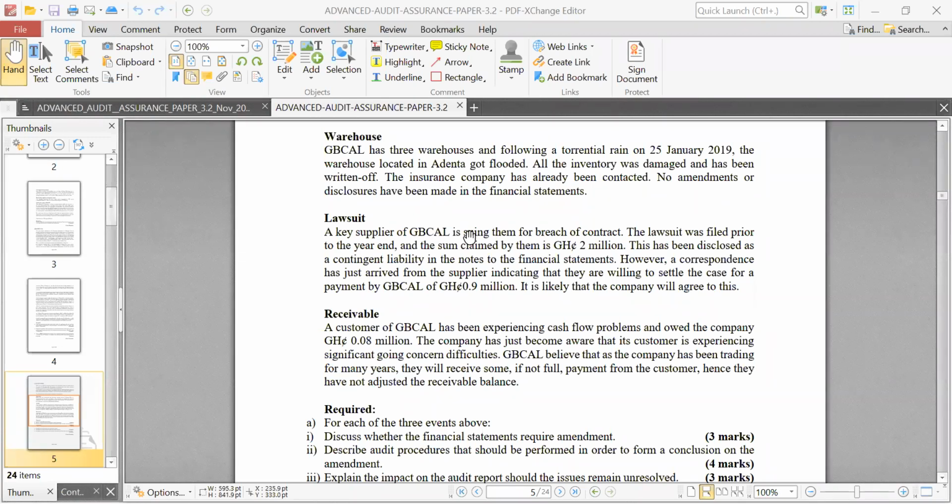It becomes very difficult to determine, even whether it came up during the audit. But just saying "has just become aware", you just can't tell the timing.